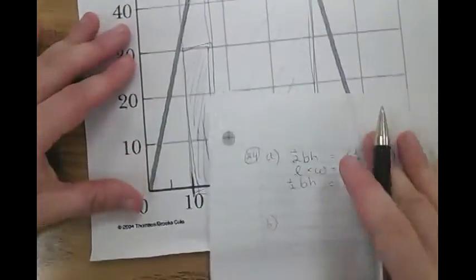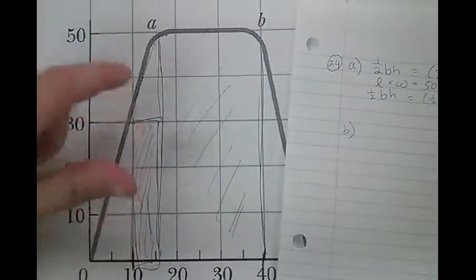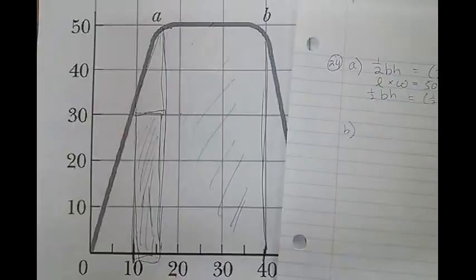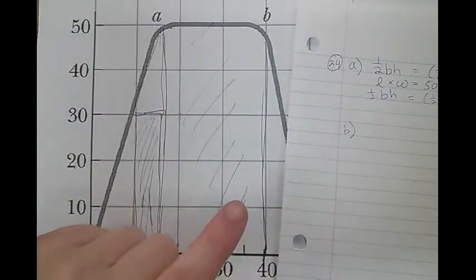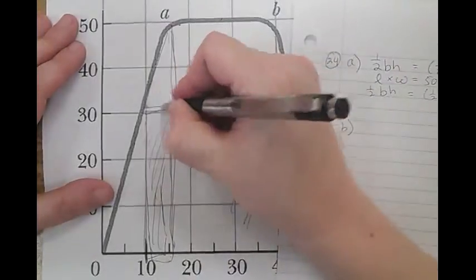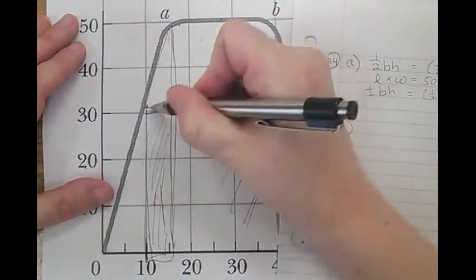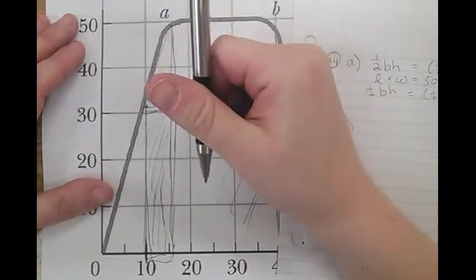So we want to do the area of this small rectangle plus this triangle plus this rectangle. So if you look closely, you can actually see that it intersects more at 33.